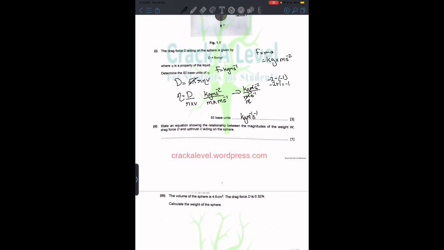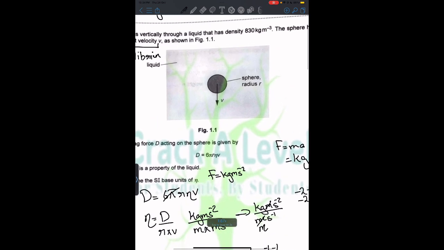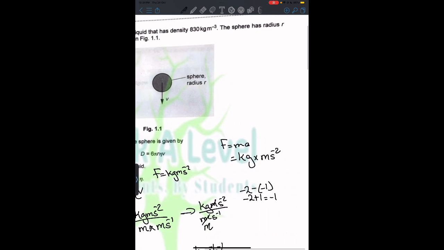Okay, it's saying state an equation for the relationship between the magnitude of the weight, drag force, and upthrust acting on the sphere. Since we know it's in equilibrium, the sum of upward forces will equal the sum of downward forces. The weight is acting downward, and the upward acting forces are the drag force and the upthrust.